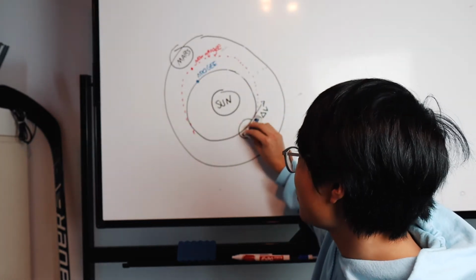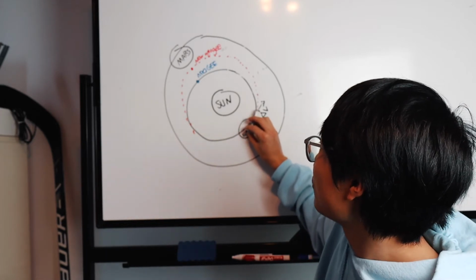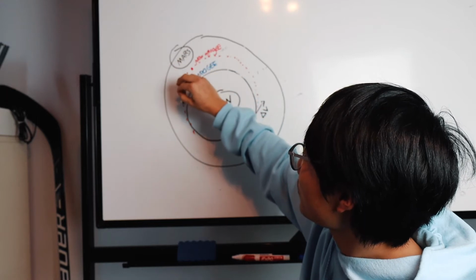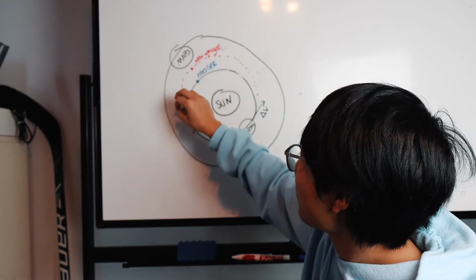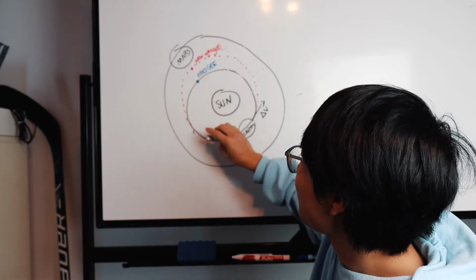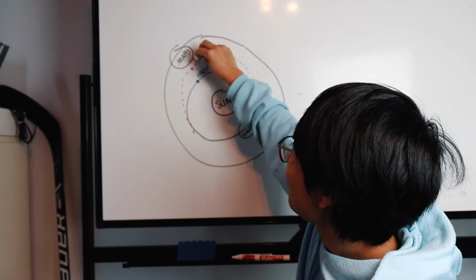But if we accelerate here, if we give a little kick, then it'll increase the apogee. Notice the spacecraft goes slower in this area, but faster when it gets closer to the Sun. This is how orbital mechanics work.